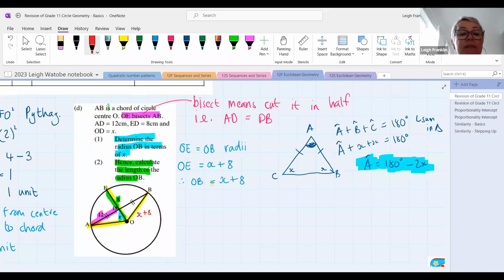So in order to calculate the length of OB, we need to solve for X. And then we can add 8 to X and we'll know how long OB is. Now, again, in your chord theorems, the theorem of Pythagoras is very, very important. They have told us that AD equals DB. What does that mean about this angle over here, the one where I'm putting the red dot?